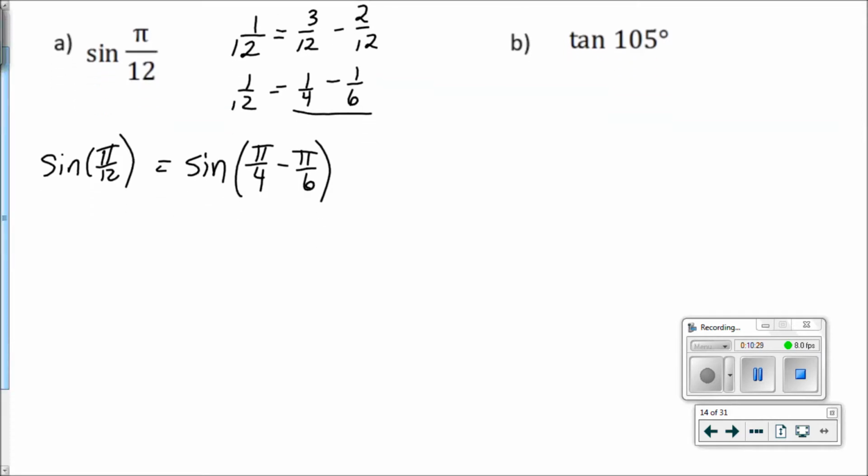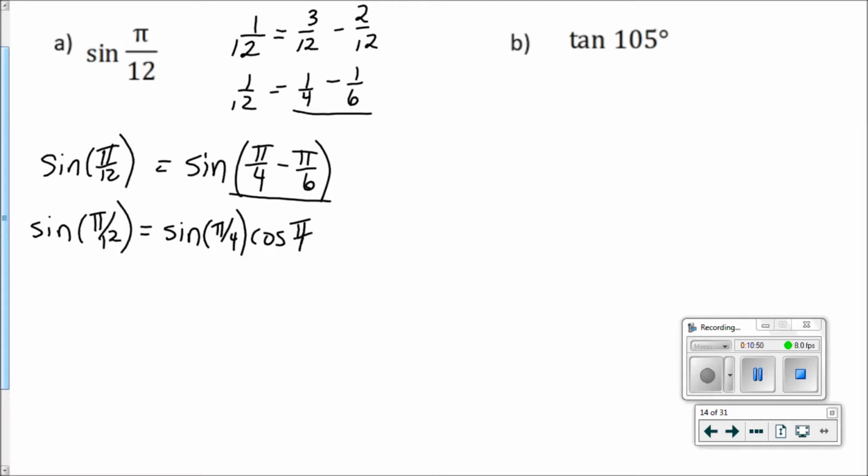And then at this point, I'm going to apply the difference identity for this sine, and that's going to look like this. Sine pi over 4 cosine pi over 6 minus cosine pi over 4 sine pi over 6.